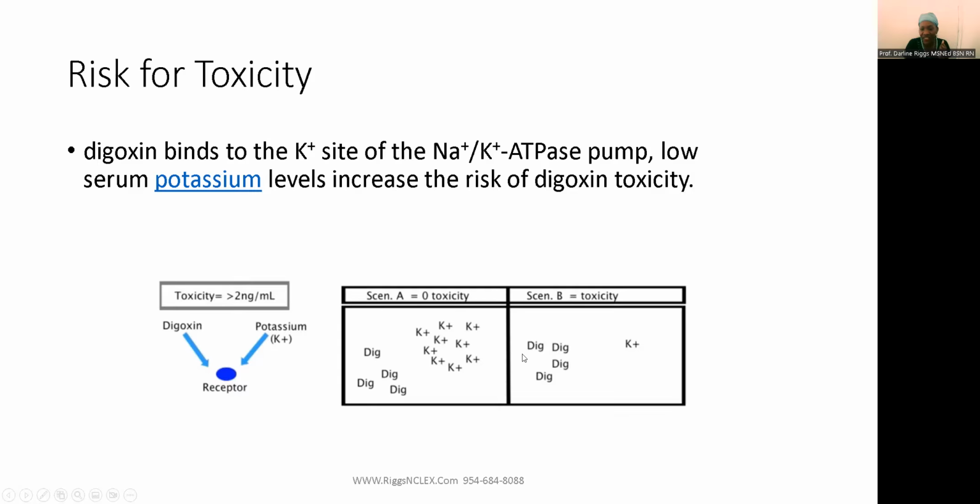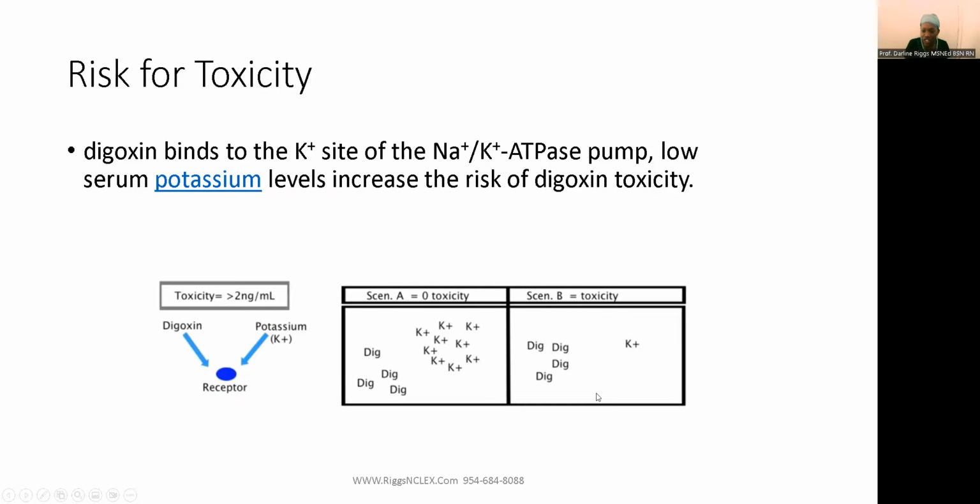Too many of the DIG is gonna bind to whatever receptor there is. So then they're gonna be toxic on the digoxin. It's like you overdose them. You need the potassium to be within a therapeutic range so you don't get toxic on the DIG. So one more time, digoxin and potassium compete for the same pump.